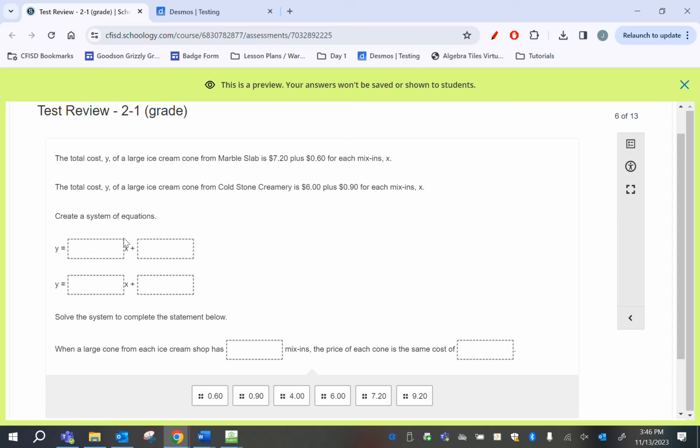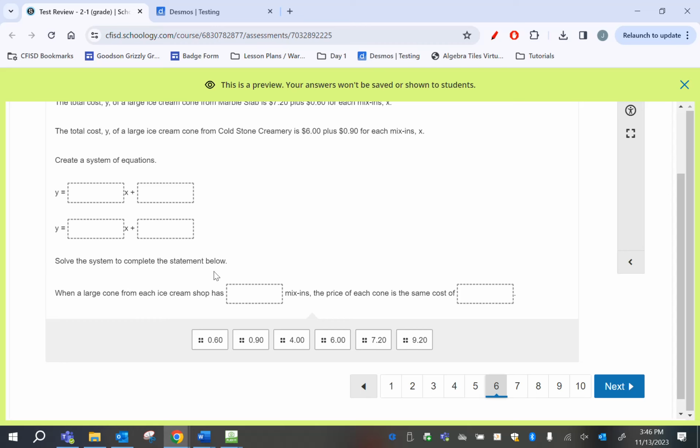So you're going to take those two equations, identifying what number is the slope and what number is the y-intercept for each ice cream company, and then use the solution of that system of equations to answer the question. When a large ice cream cone from each ice cream shop has some number of mix-ins, the price of each cone is the same cost of, what is the same cost? I expect you should be able to figure out most of this on your own from here.